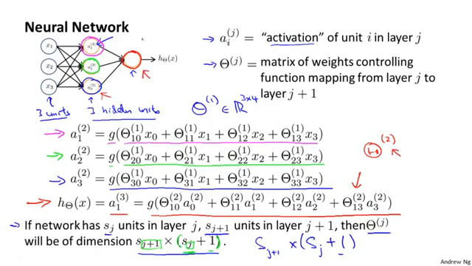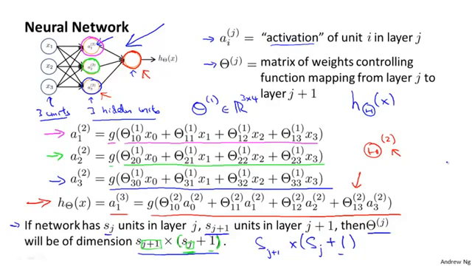To summarize, what we've done is shown how a picture like this defines an artificial neural network, which defines a function h that maps from x's input values to hopefully some space of predictions y. These hypotheses are parameterized by parameters that I'm denoting with capital theta, so that as we vary theta, we get different hypotheses, so we get different functions mapping, say, from x to y.